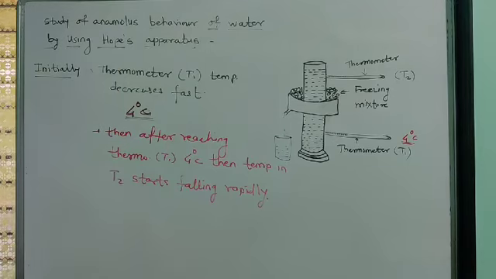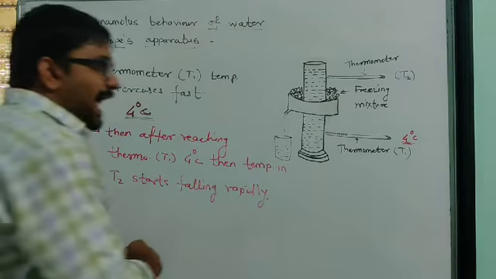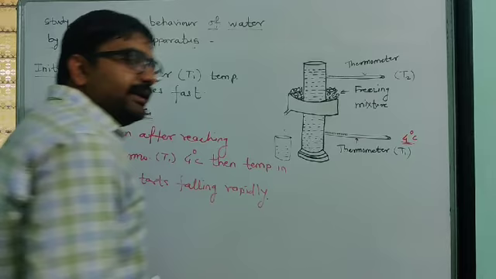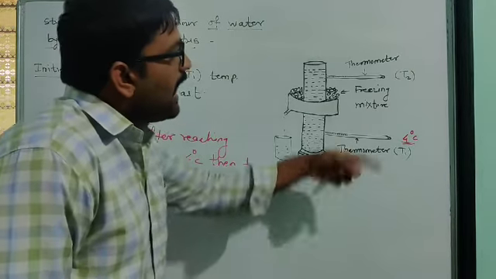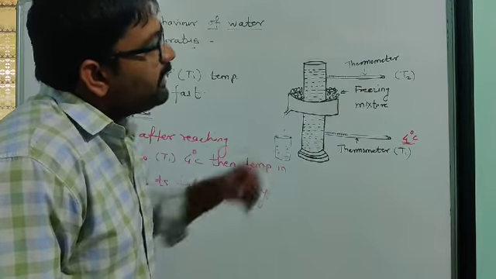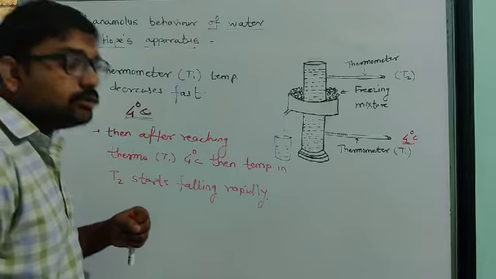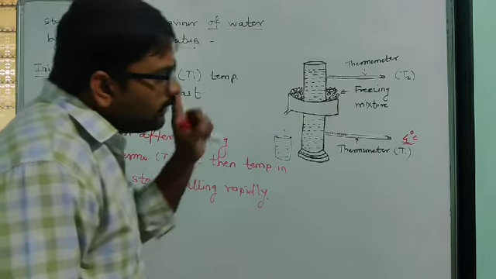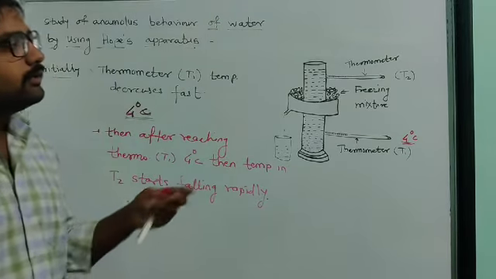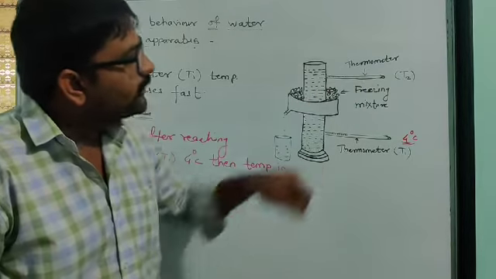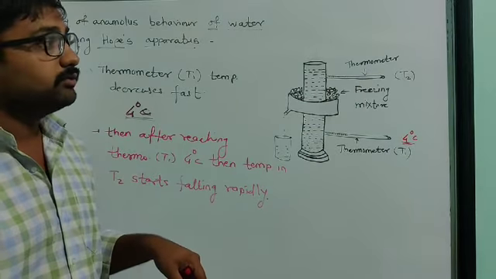At that time, when 4 degrees Celsius is reached, we see a rapid change in thermometer 2. So the temperature of thermometer 2 also starts to fall now.